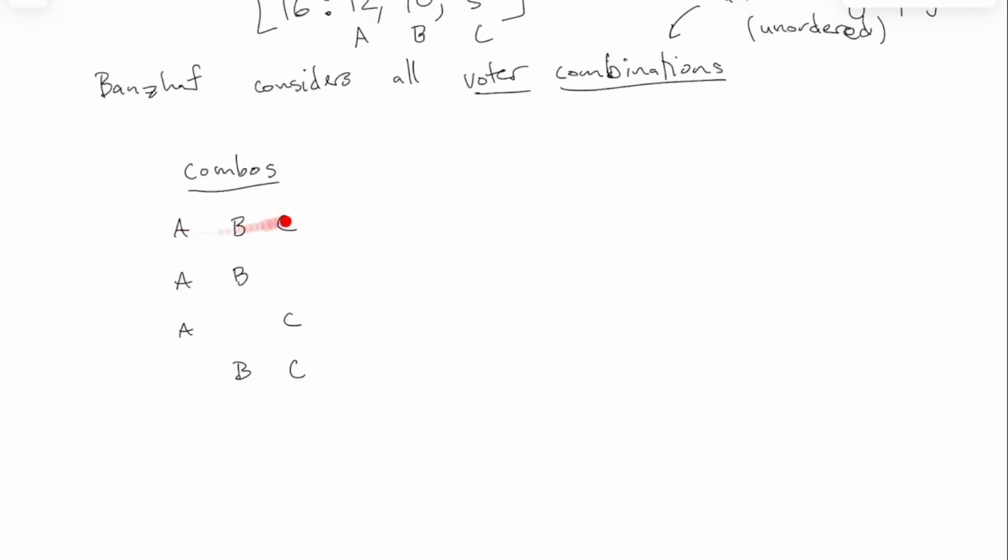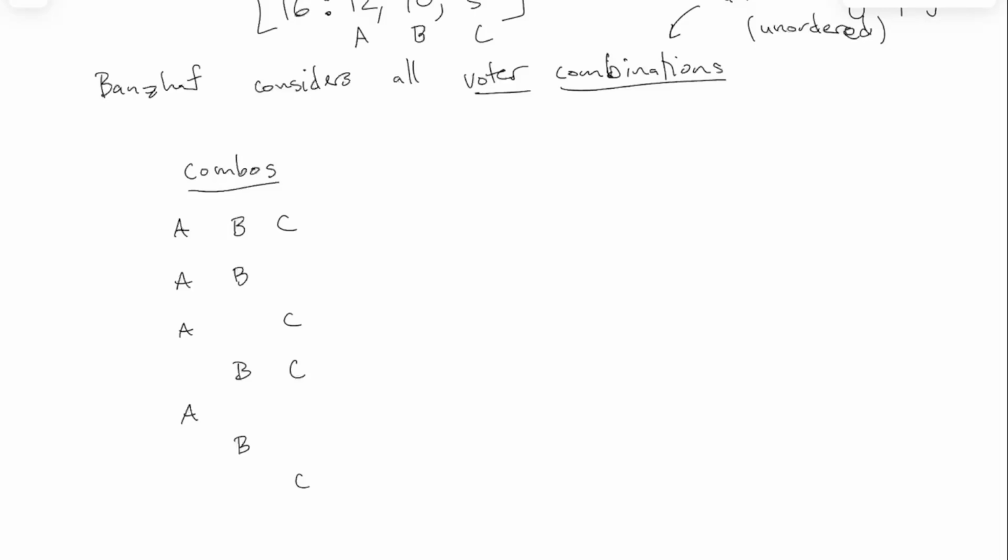Here we have one combination where you take everybody. There are three different ways you could take only two of them. There are also three different ways you could take only one of them. These are less interesting combinations, but I could just take A by itself. That still counts as a combination. I could take just B by itself. I could take just C by itself. And then one last technicality.